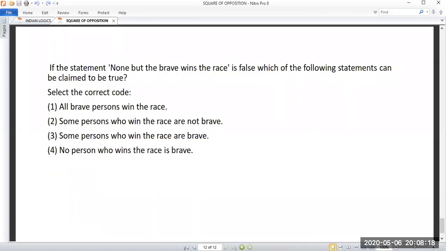So this is the last example I have taken for today. None but the brave wins the heart. We have seen the same example in the last class also. Which case is this? None but the brave wins the heart.